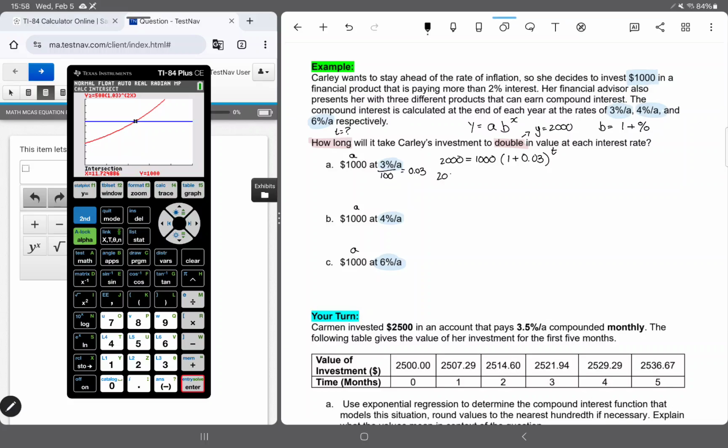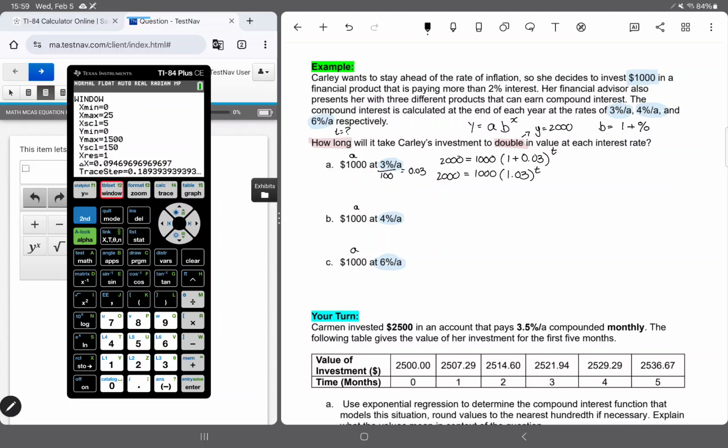So we're going to have 2,000. I'm just going to simplify that inside again, 1.03 to the t. So we're going to go over here. I have 2,000, and I have 1,000 times 1.03 to the power of x.